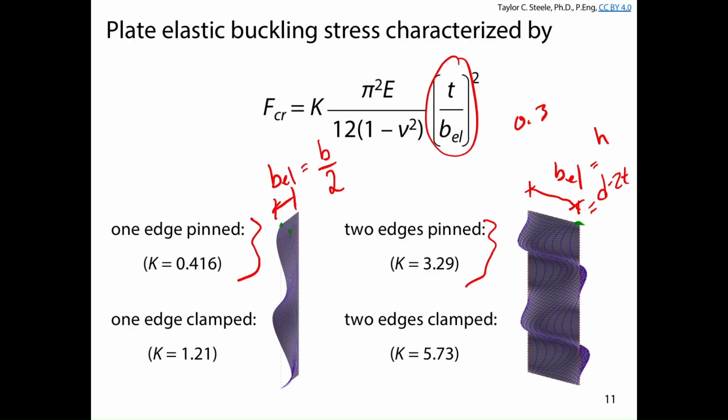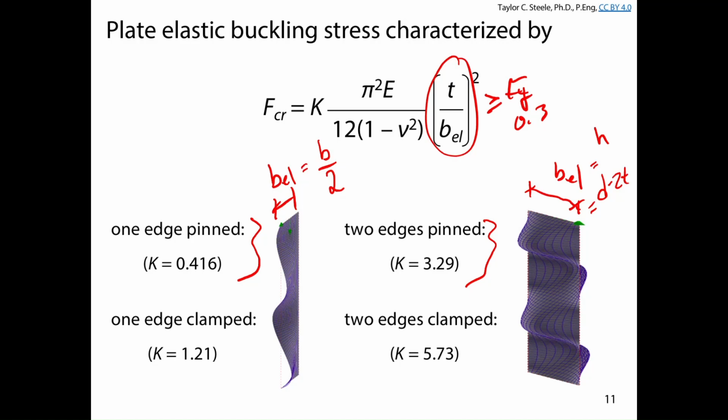So Fcr here, it's a compressive stress. That's the compressive stress on the flange or the web. And perhaps we could say that should be greater than Fy, right? If it's bigger than Fy, we're more likely to get yielding of the cross-section. That's similar to that Euler elastic buckling load versus yield load curve that we looked at previously.